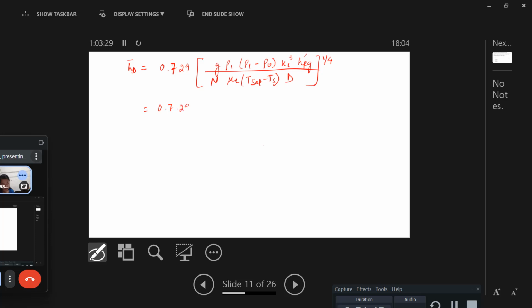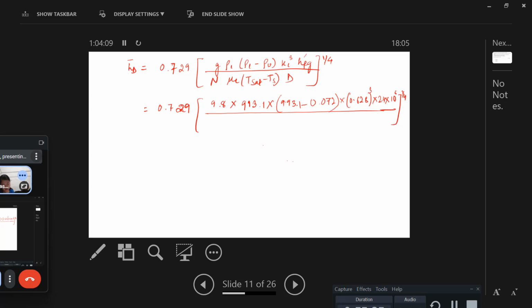So 0.729 into 9.8 into rho L is 993.1 into 993.1 minus rho V is 0.072. KL is 0.628 whole cube into 2.4 into 10 to the power 6, as we have calculated before.